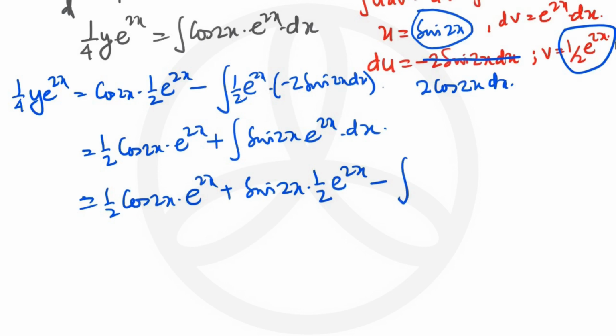So v is half of e to the power 2x and du is how much? Du is 2 cos 2x dx.